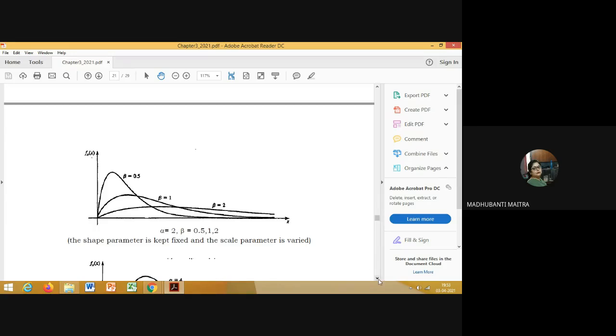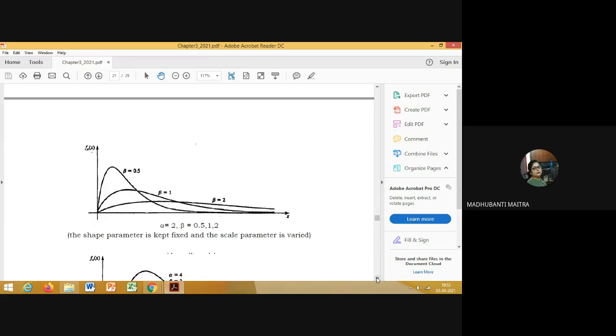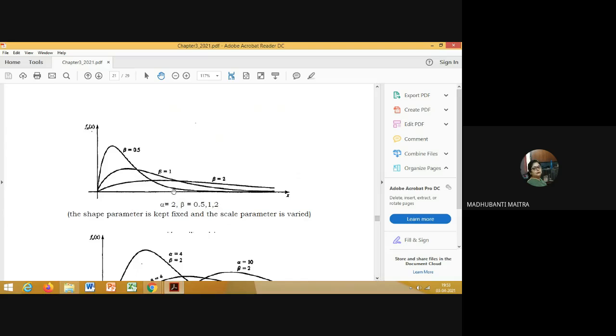So the shape of the density function will certainly depend on this parameter beta.